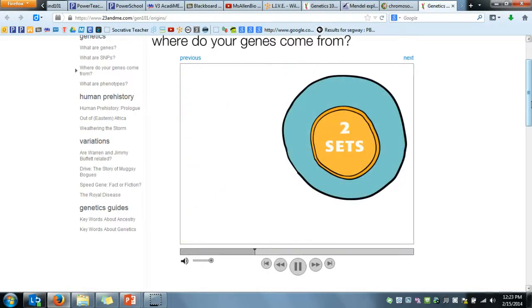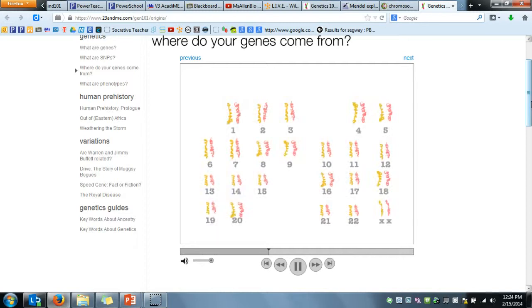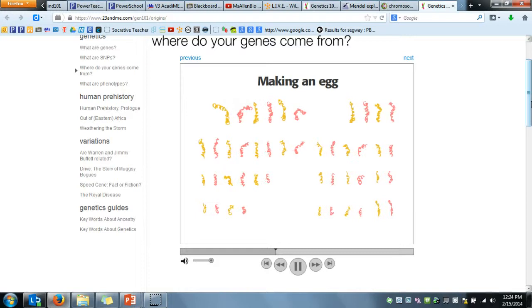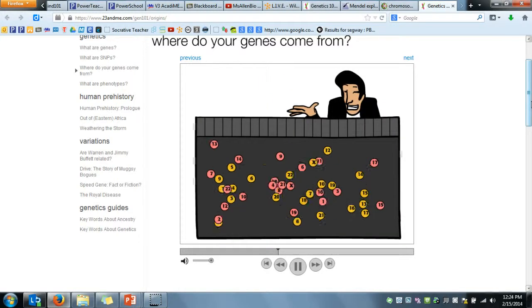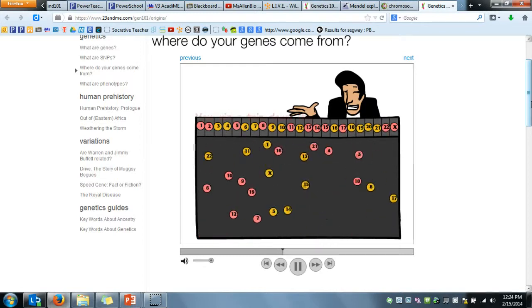Most adult cells contain two sets of chromosomes, but sperm and egg cells have only one set of 23 chromosomes each. When the body forms sperm or egg cells, a cell divides and pairs of chromosomes separate. A random member of each pair moves into each new cell.